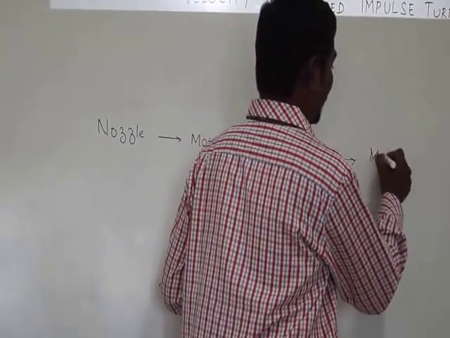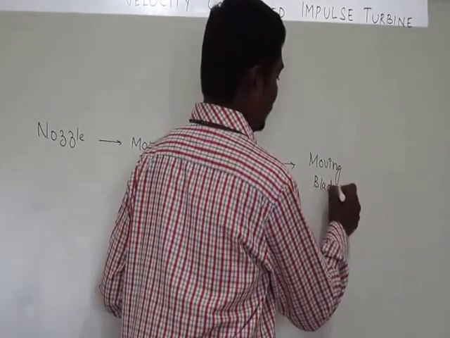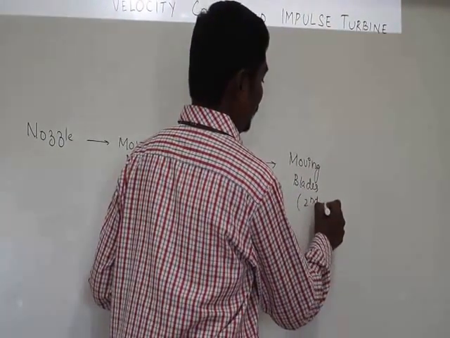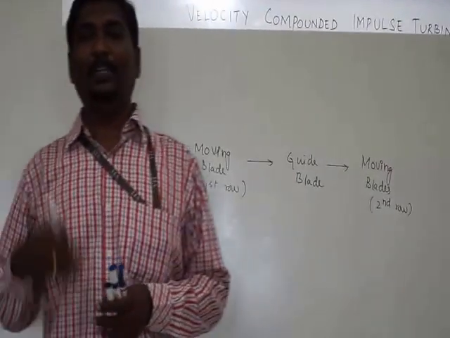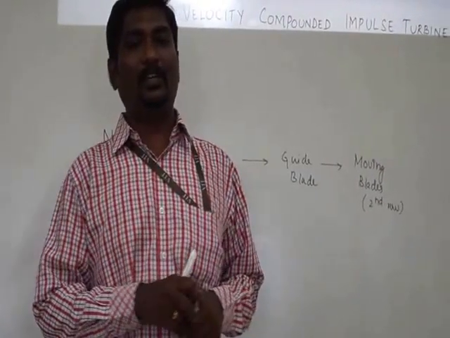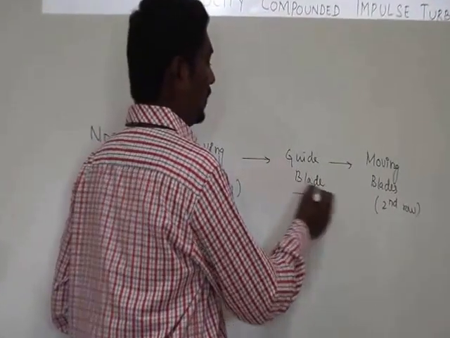Then we have again a set of moving blades. This is the second row of moving blades. So normally for a velocity compounded impulse turbine, we will have multiple stages. In this problem, we are going to have two stages of moving blades. Guide blades are similar to nozzles only.